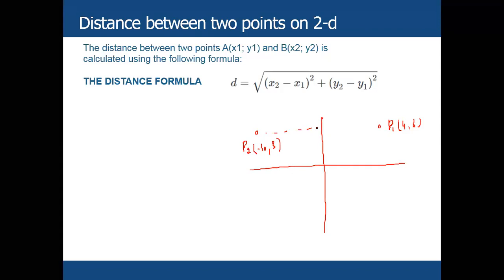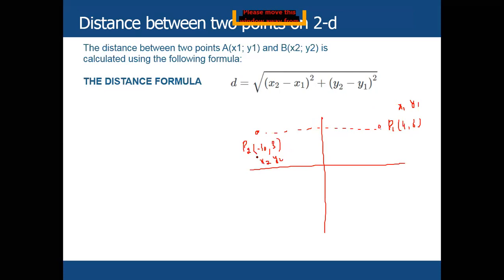How to find the distance between these two points? We use the formula with x2 minus x1, y2 minus y1. These are coordinates. You can take this one as x1, y1 value, and this one as x2, y2 value.